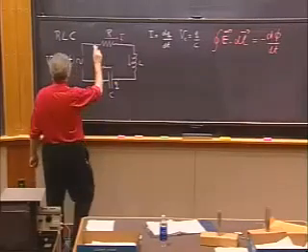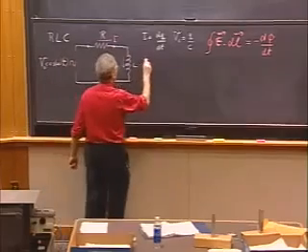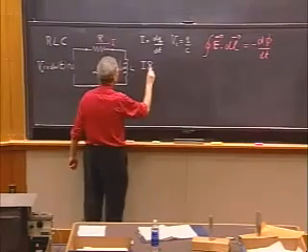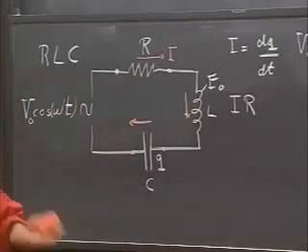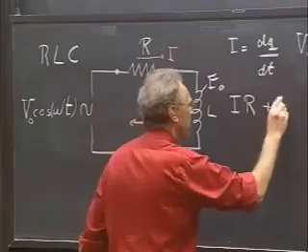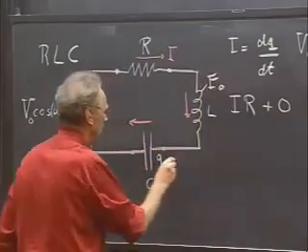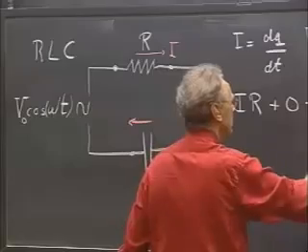So I've done this before, so I can do it a little faster. I go from here to here, so that is IR. There is no electric field inside this ideal self-inductor because superconducting wire cannot have any E field. So that is zero going from here to there. When I go over the capacitor, I get my VC.